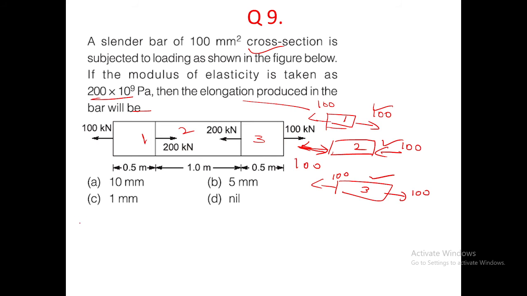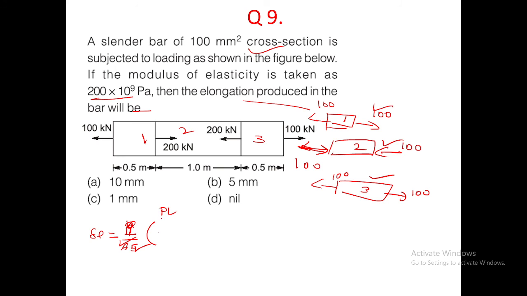So the total elongation of the bar is del L equals the sum of PL divided by AE. The area of cross section is equal and Young's modulus is equal, since it is the same material.